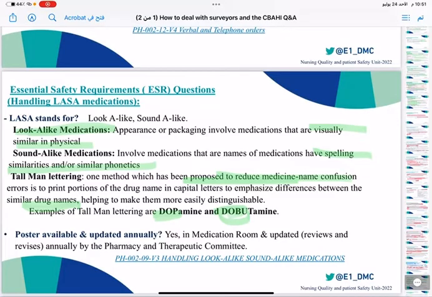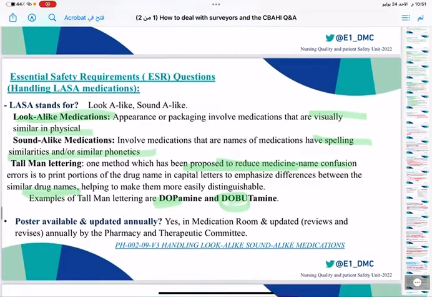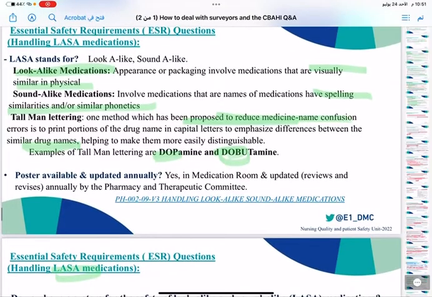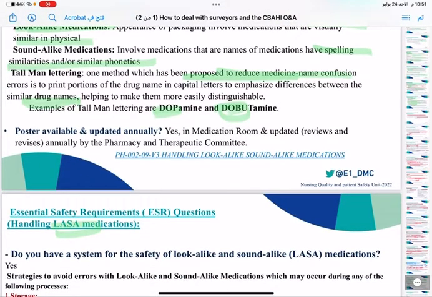LASA means look-alike, which visibly is the same shape, while sound-alike is where the spelling is the same. So we use tall man lettering for this type of medication, like LASA. Tall man lettering is for the different letters, while the same letters stay in small letters.